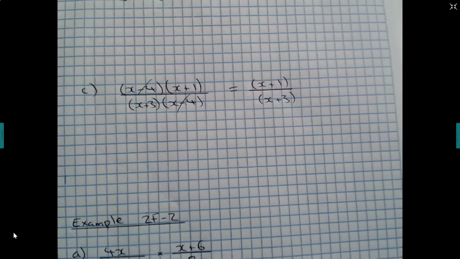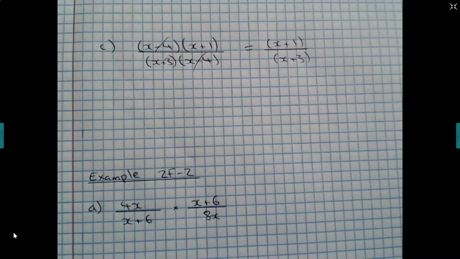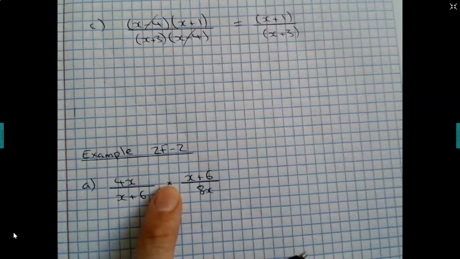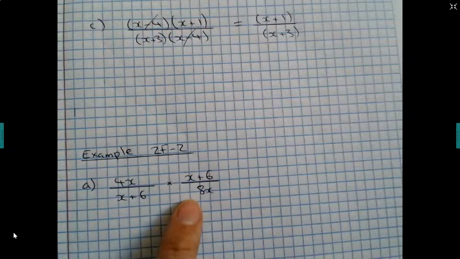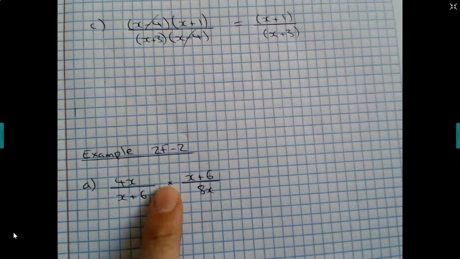Alright, let's have a go at example 2F2. So this says 4x over x plus 6 times x plus 6 over 8x. So we have all multiplication. I just want to emphasize, if this was a plus, what I'm about to do, we could not do.